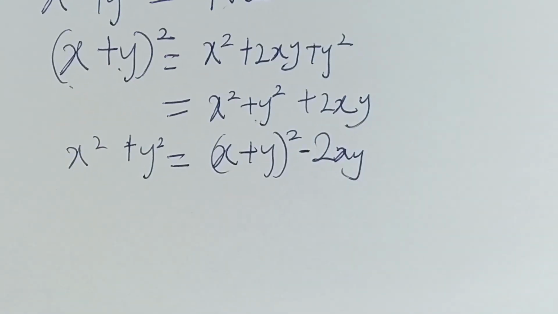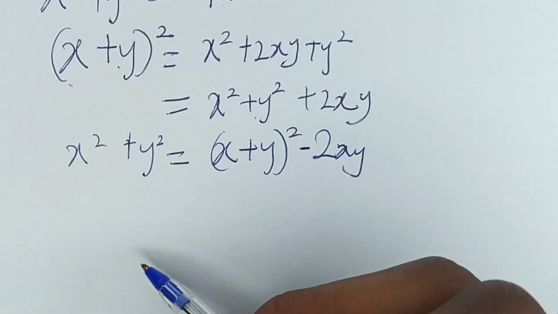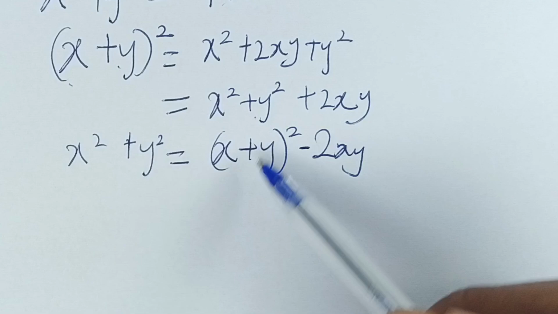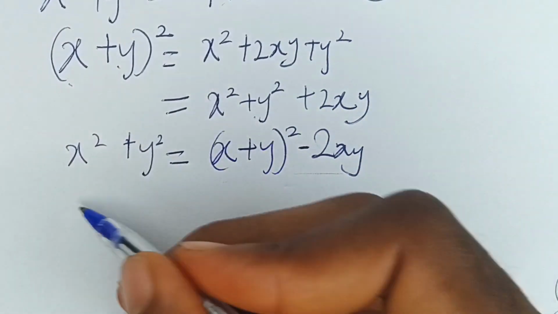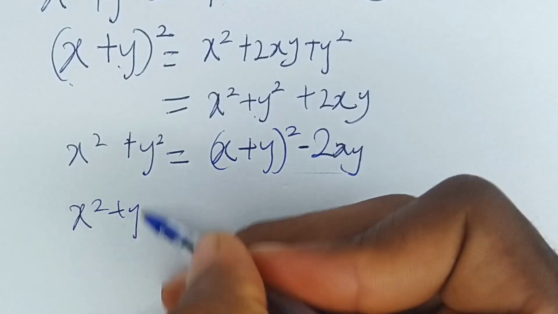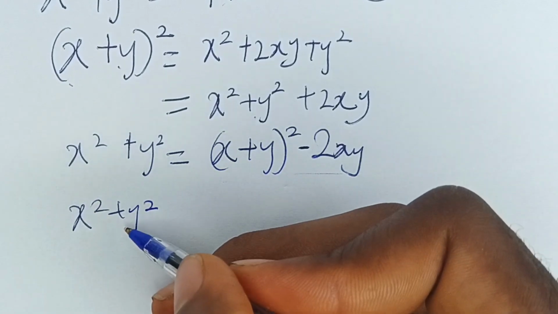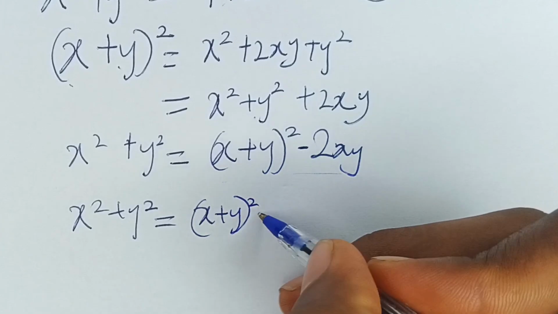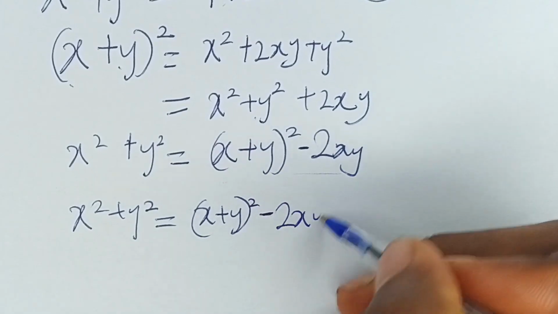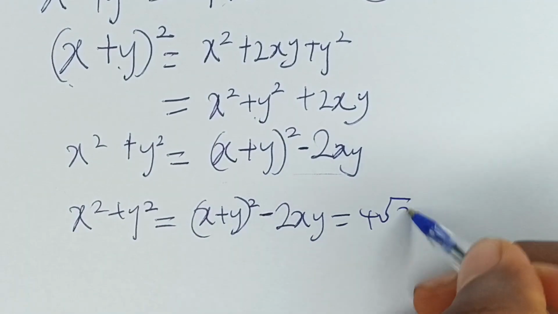Okay, so invariably let's replace x squared plus y squared with this in equation 4. So x squared plus y squared becomes equal to x plus y all squared minus 2xy, and this is equal to 4 root 2.